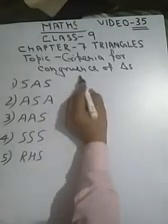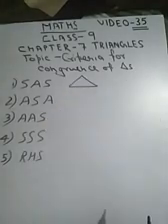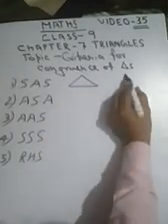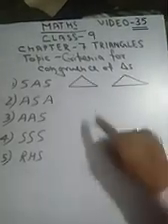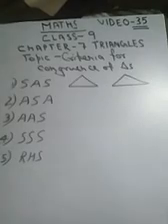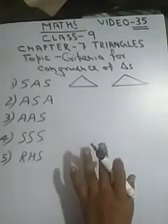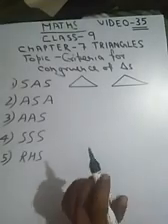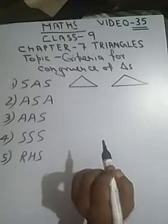See, I'll explain this. If I have to prove these two triangles to be congruent, then there is no need for you to take all the 3 angles and all the 3 sides. No, we can use this criteria. What is this criteria all about?